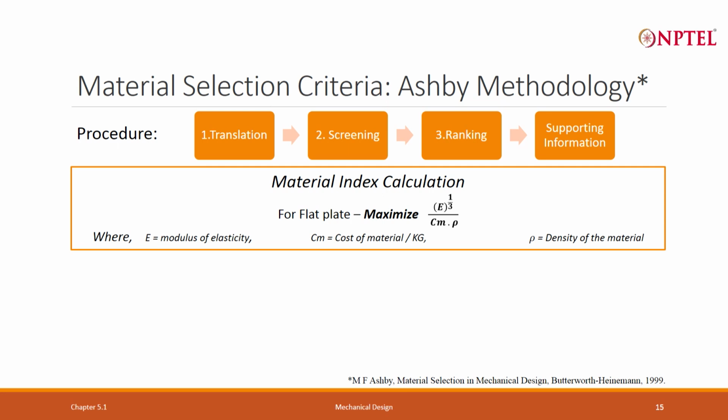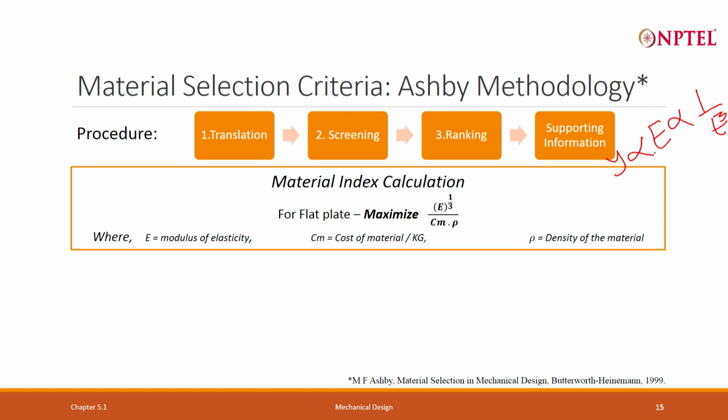What we have discussed is that we want to minimize the deflection, and the deflection is proportional to 1 by Young's modulus E and proportional to 1 by t cubed, where t is my thickness. What is our aim?